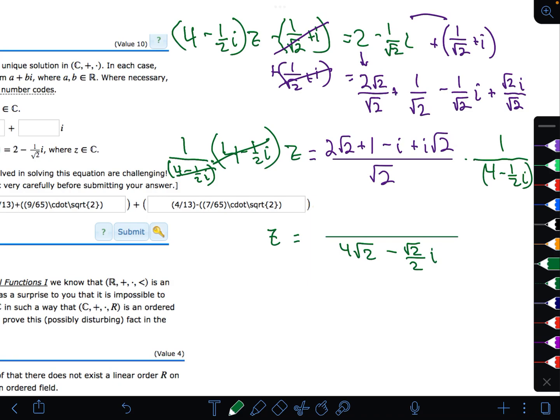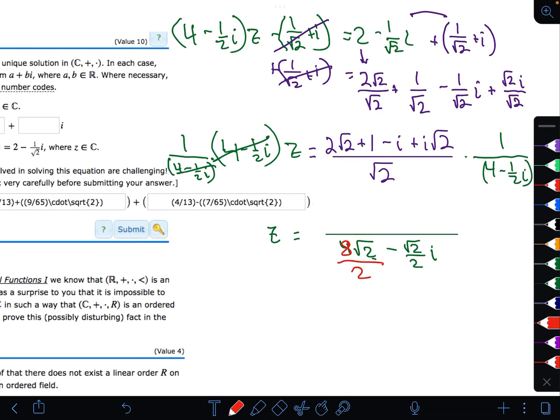Now at this point, it might be beneficial to realize, hey, wait a second, since I have this written as 4 root 2 over 1 basically, I could expand this. I'll just rewrite this as 8 over 2, because that's still equal to 4, right? And now I can see my denominator, and I'm kind of ignoring the numerator right now, and that's fine. We can get away with that.